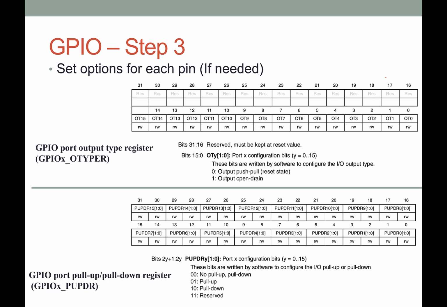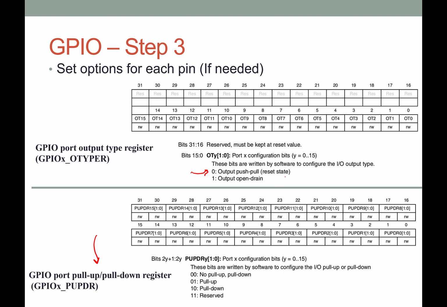Okay, we can also set the output type if we're doing output here, and in addition to that, we can set the pull-up/pull-down register. We've talked about these a little bit, but if it's an output, we can set up push-pull or open drain, and of course we expect most of the time we want push-pull unless we're going to supply our own source and pull-up.